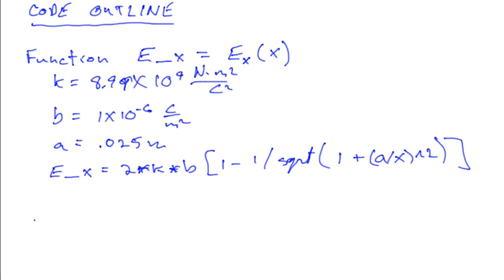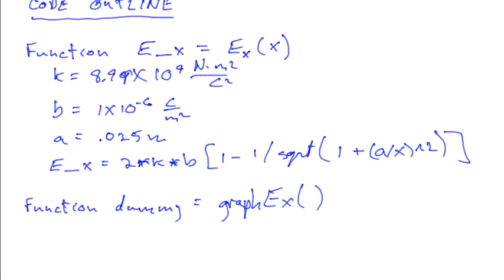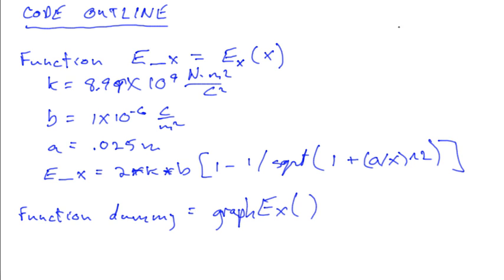And then I go function. This one doesn't have to return anything. It's a plot. I think I'll call it graph, just in case there is such a thing. So graph ex, and I don't think that needs any argument. You're supposed to graph it from what to what.